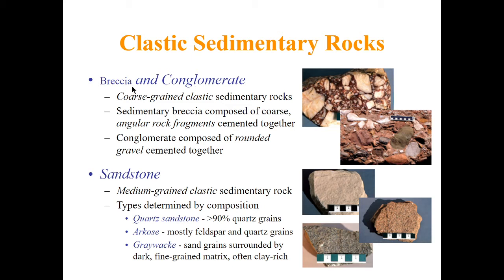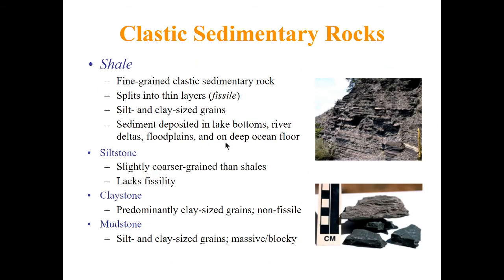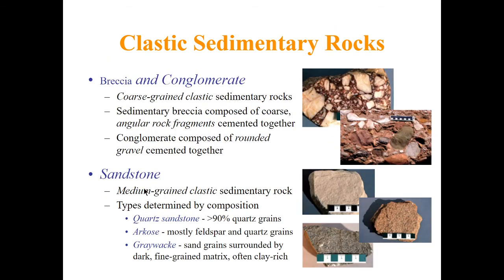Breccia is a unique type of conglomerate that instead of having rounded edges, the rocks that make it up have pointed edges. Then we have sandstone, and sandstone is made up of sand-sized particles. Unfortunately, you don't get to feel them this year, or if you're watching this, you probably don't get to.